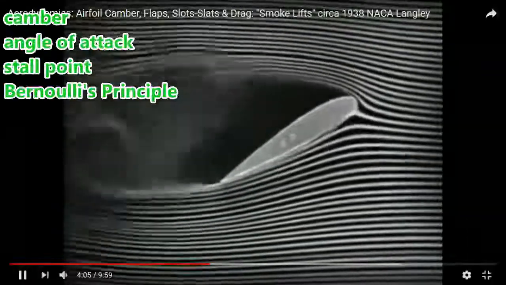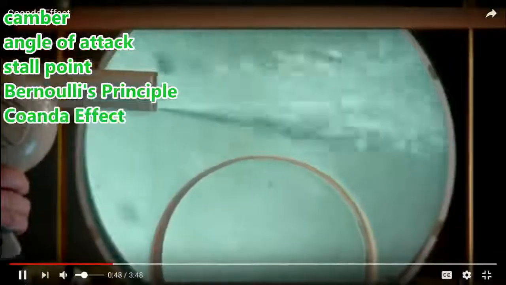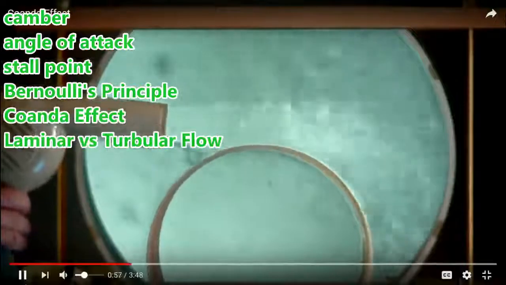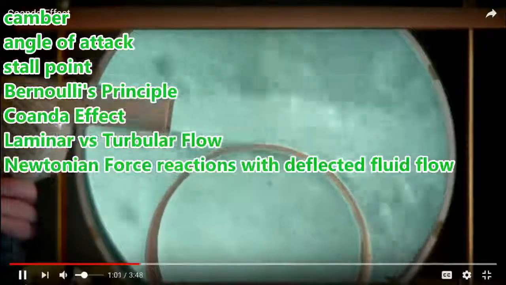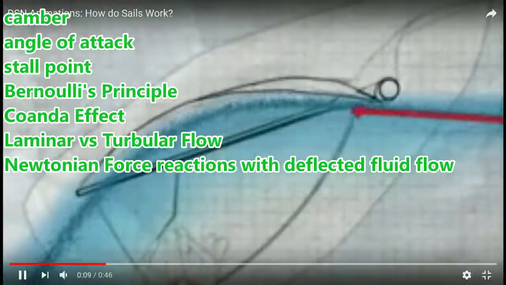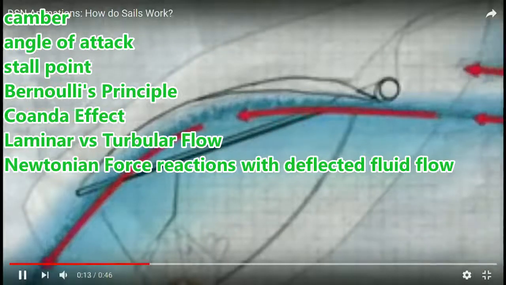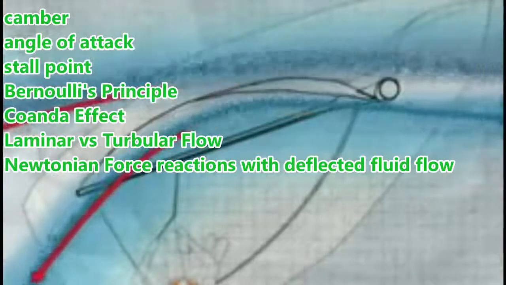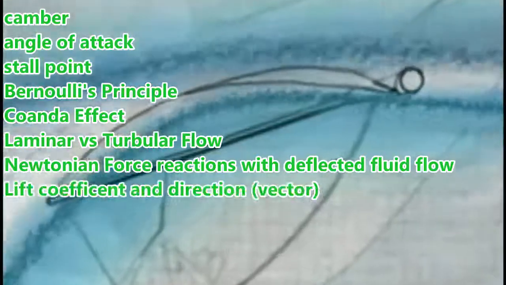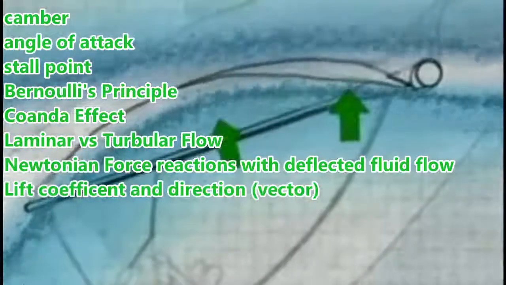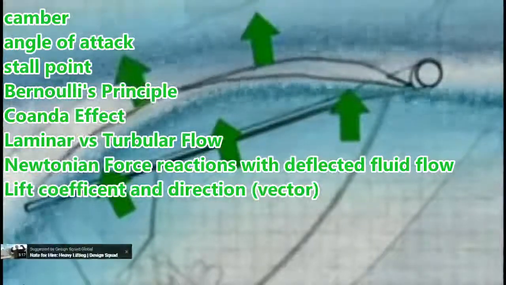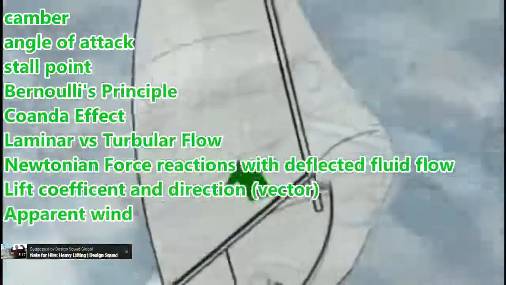Bernoulli's principle, which is often misused to explain lift, the Coanda effect, laminar versus turbulent effect, the Newtonian explanation of effects and reactions that come into play when a fluid is being deflected by a wing. We can think about maximizing the lift coefficient. We can think about controlling the angle of lift to the angle of incidence, and of course taking into account the effects of the apparent wind.